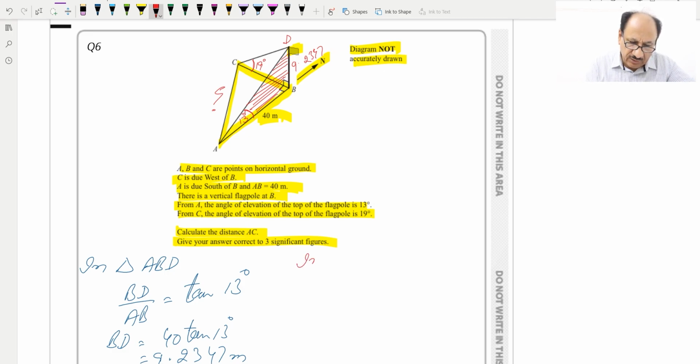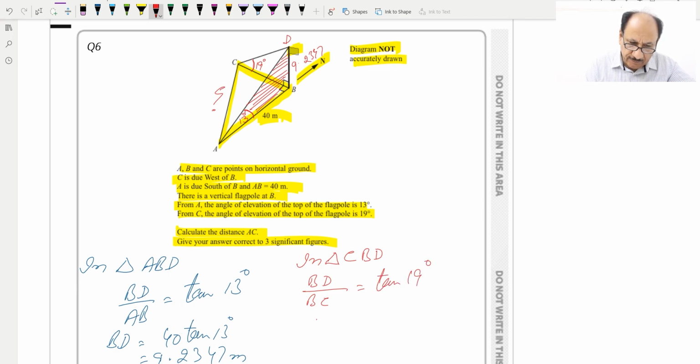So in triangle CBD, BD over BC, opposite over adjacent, will be equal to tan of 19 degrees.